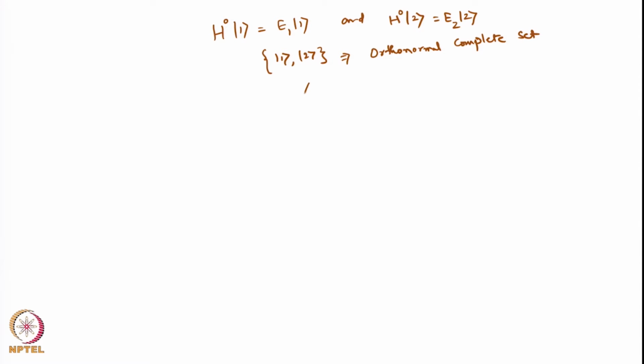That means the overlap integral of 1 over 2 will be equal to 0, and the overlap integral of 1 over 1 equals 2 over 2 equals 1.